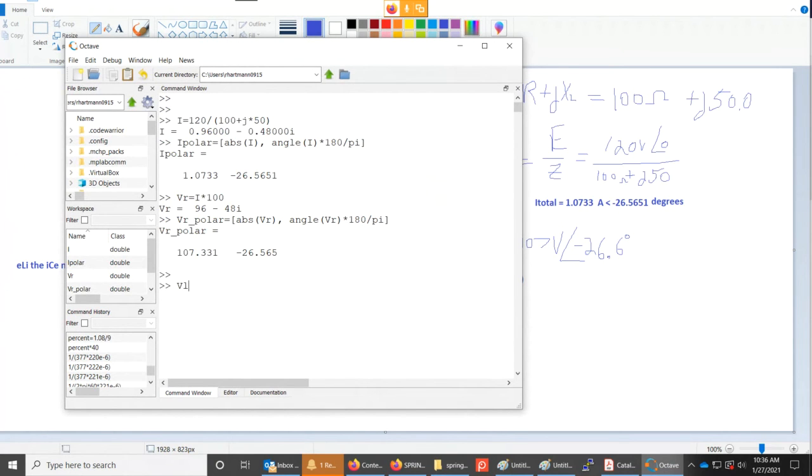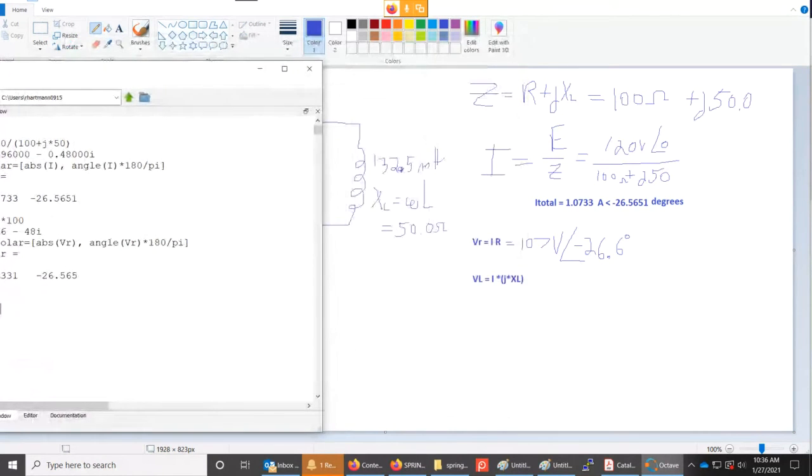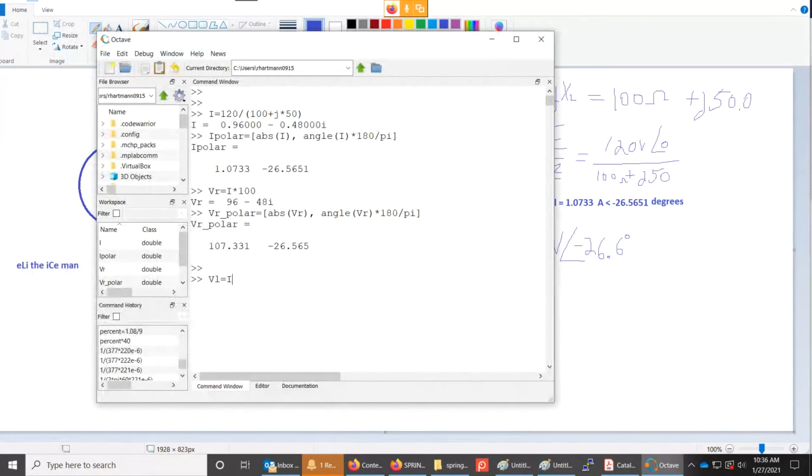And then VL is my current times J times the 50 ohms. And then I need to recall this. So I'm going to recall the VR. I haven't used a VL yet, so I don't have it in there. So I'll just recall this one, and make sure you change all the R's to L's.